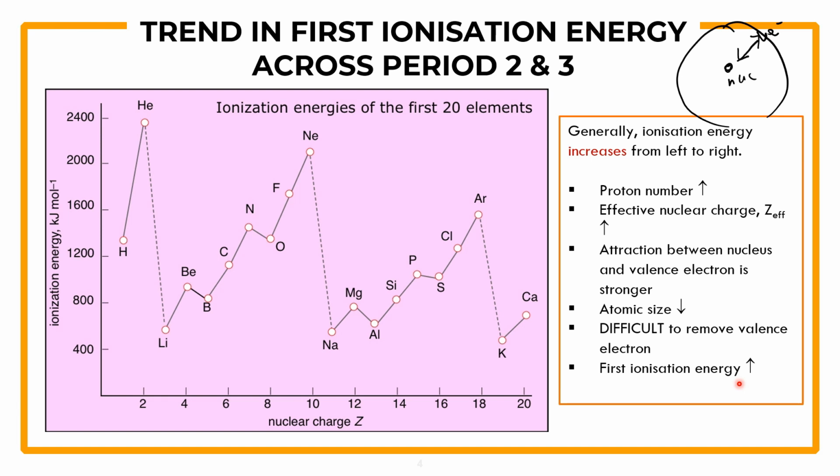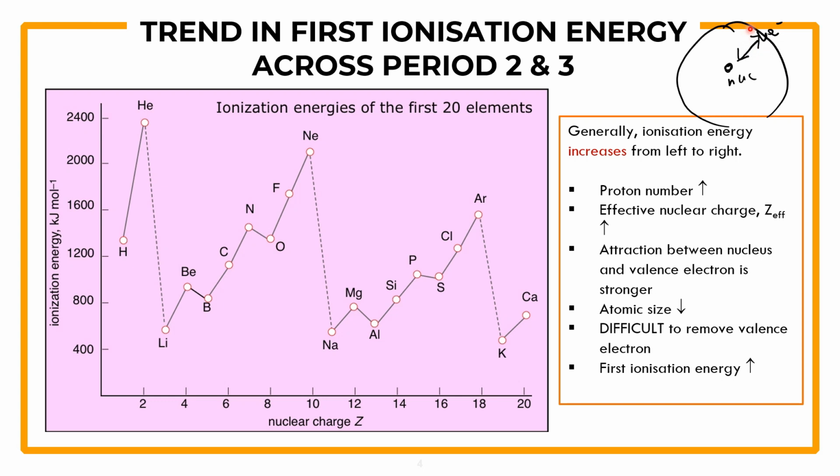Kenapa? As you still remember in our previous lecture, IE is actually the energy required in order to remove 1 mole of electron from gaseous atom. So in this case, apabila tarikan antara these two increases or stronger, so harder to remove this electron.